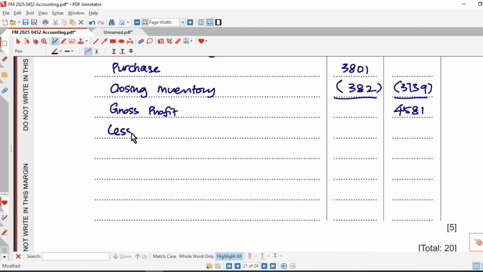Since I only have the one, I will probably just put it directly. I'm not going to do less expenses and move a column down. I'll just less wages here. So I end up with $1,981, right? This is the profit for the year.